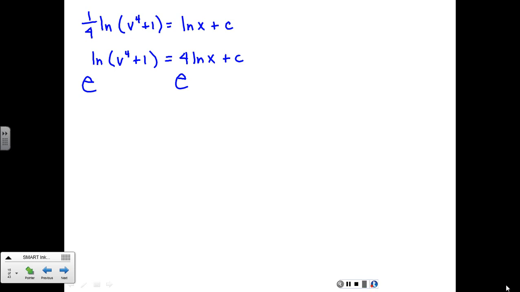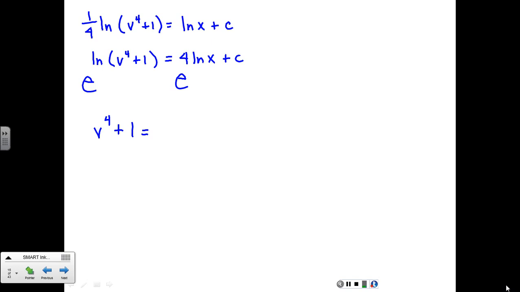What was the logarithm law that we had when we could pull a number in front? It's an exponent. That is an exponent. So what would happen there is you're just going to be left with v to the 4th plus 1 equal to e to the 4 ln x becomes x to the 4th power.